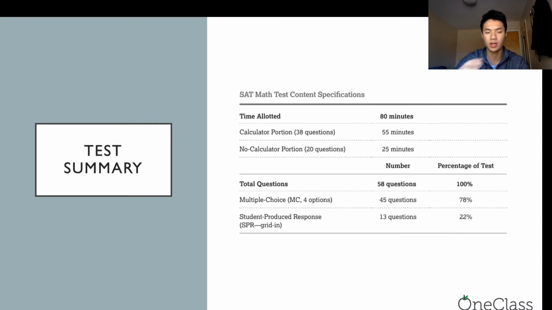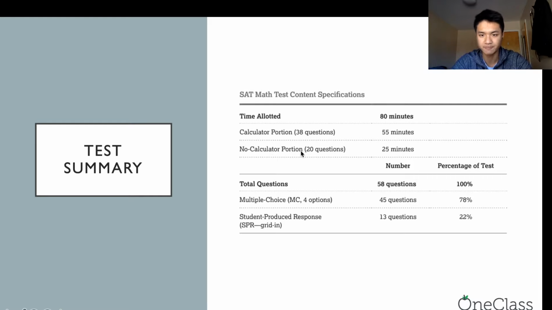Finally, there are a couple of slides here, again provided by College Board, which I think give you a holistic idea of what the SAT Math section looks like. We have our calculator portion, which is always 38 questions, and you're given 55 minutes to answer them. And you have your non-calculator portion, which is 20 questions, and you're given 25 minutes.